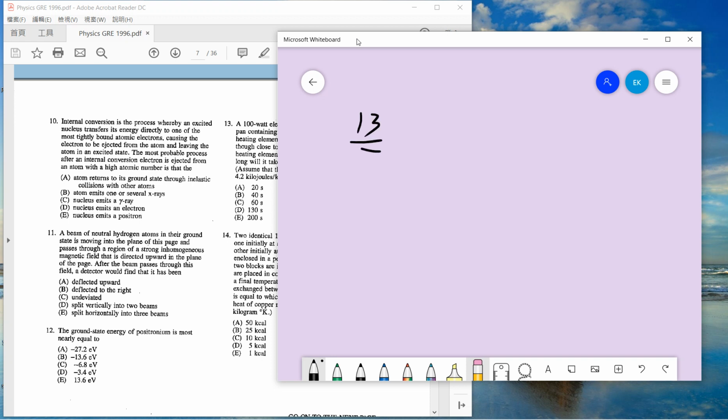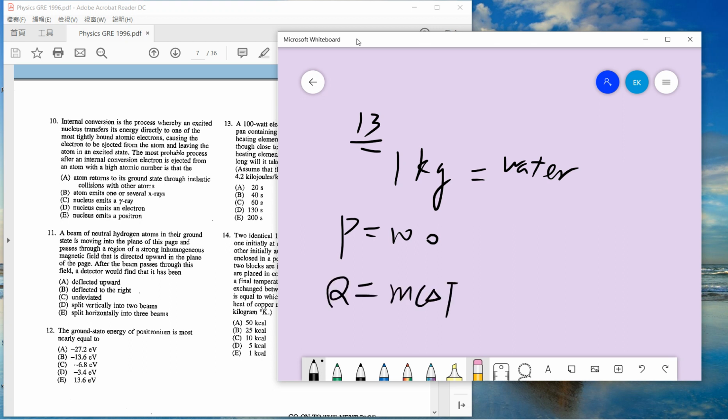Okay, so basically we have 1 kilogram of water, and the power is 100. So basically the heat is just mc delta T, which equals the power times time.